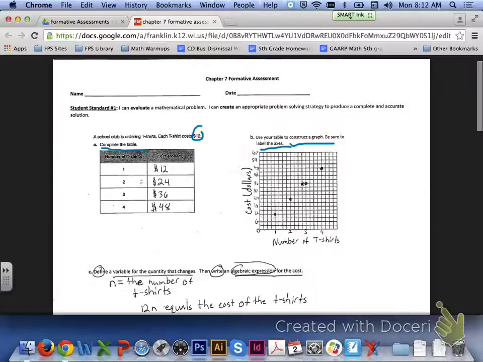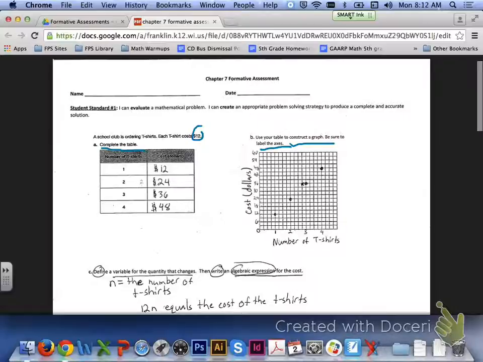So each line was 3, and I did that because there are 20 total horizontal lines on the graph, and my highest number that I needed to get to was $48. So I wanted to space it out a little bit more than just having every 5.